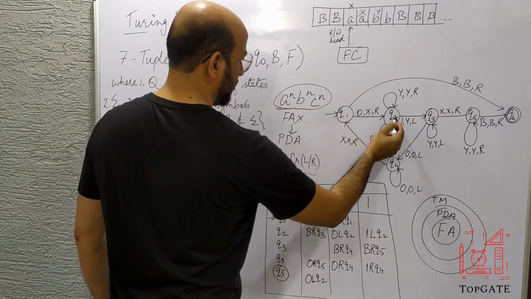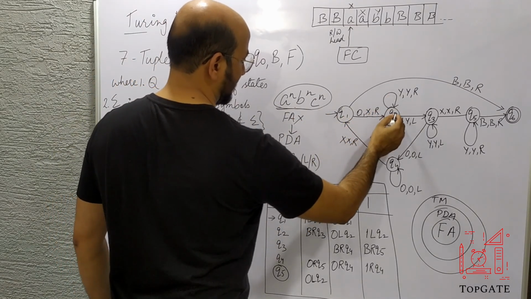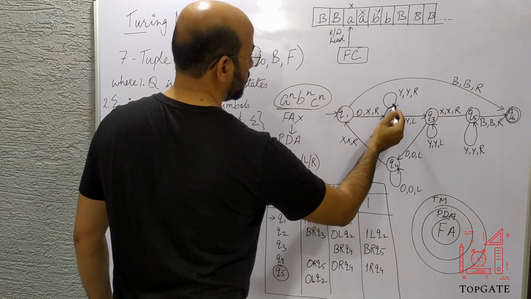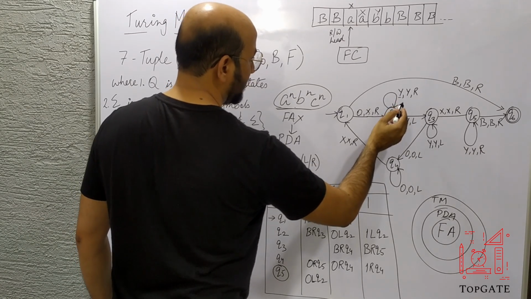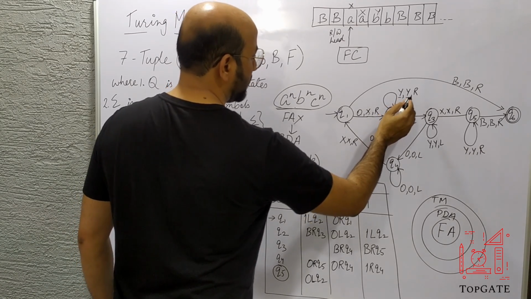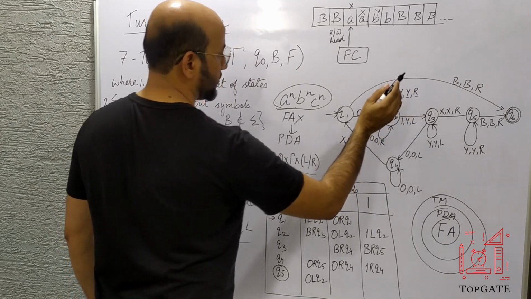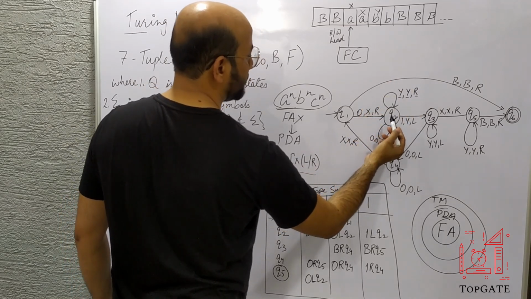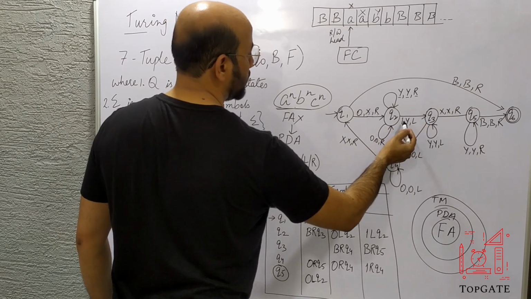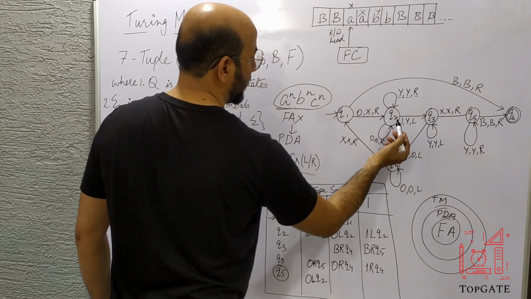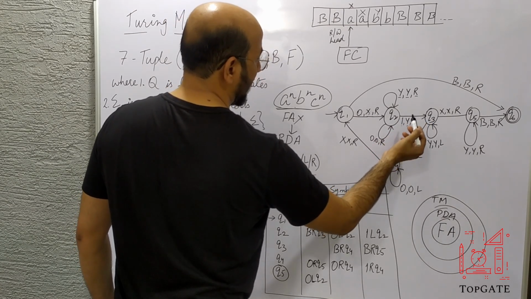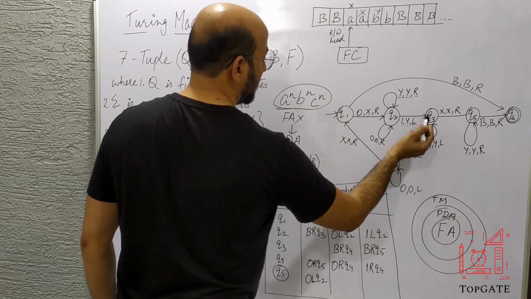Fine. At Q2 we have a self loop, that is, at Q2 we read the input symbol Y, change it to Y only, and move to the right. Similarly, at Q2 I have one more transition to Q3, where I read the input symbol 1 and change it to Y, and the read write head moves to the left.